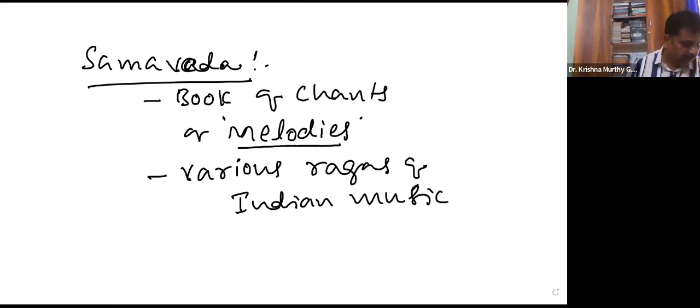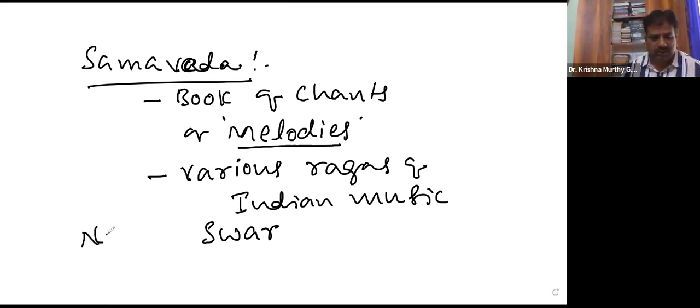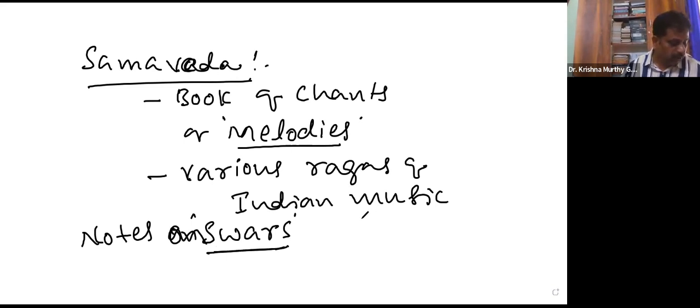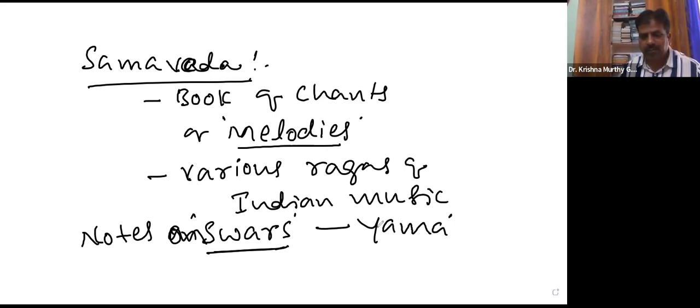Various ragas means it clearly mentioned the notes or swaras, as well as another important continued part in the name of Yama. It mentioned the swaras in the name of Yama.